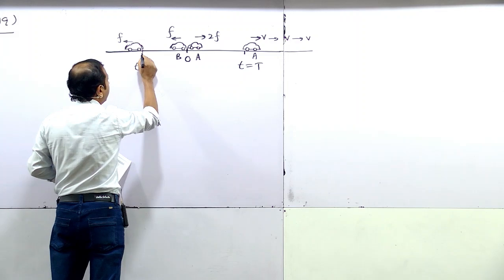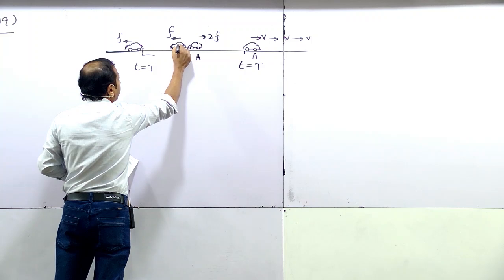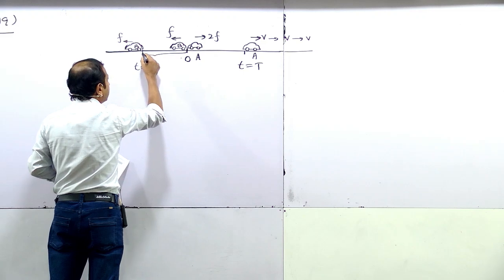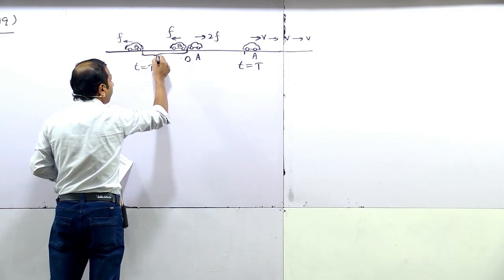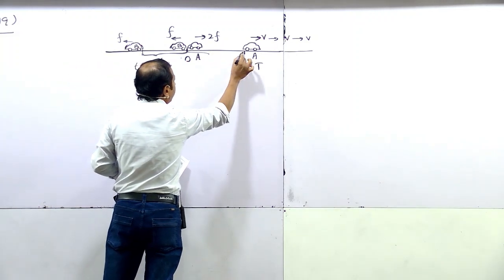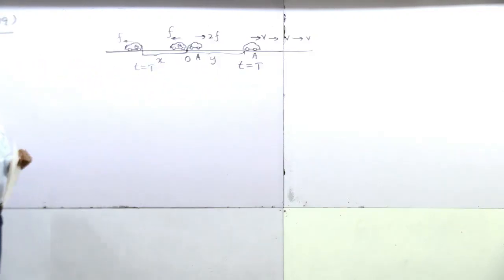It has traveled a distance to the left, suppose that distance as x. During the time interval t, A moves to right a distance y. Right, like this. Then what is it saying?